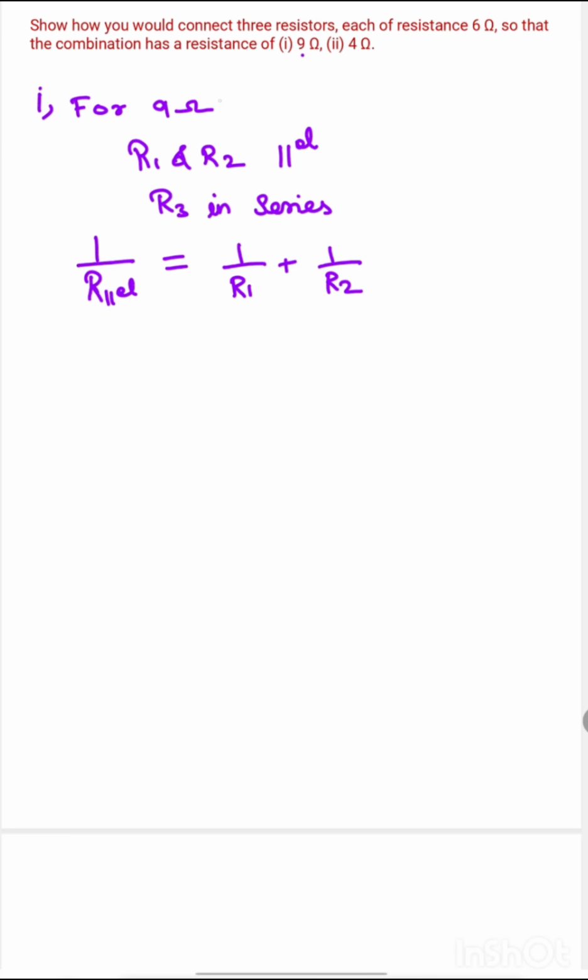But here these are identical resistors, so we can simply calculate R parallel is equal to R by N. R is the value of resistance, that is 6 ohm, and N is the number of resistors connected. Two resistors are connected, R1 and R2, so N is 2. So R parallel is equal to 3 ohm.